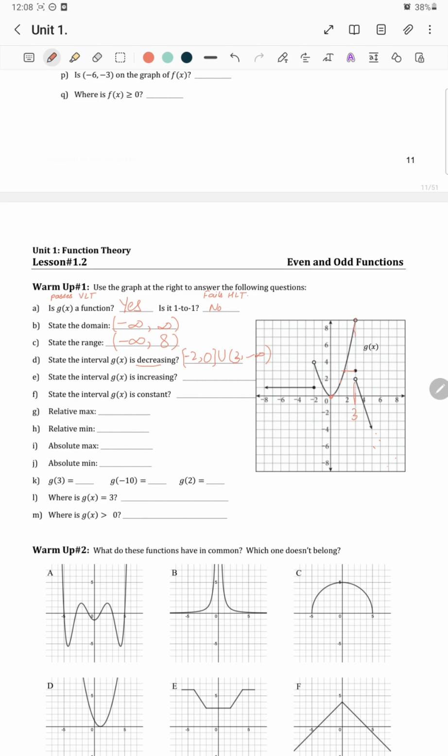So 0 to 3, where 0 is included and 3 is not included, because for the intervals of increasing and decreasing we look at the x-axis values.